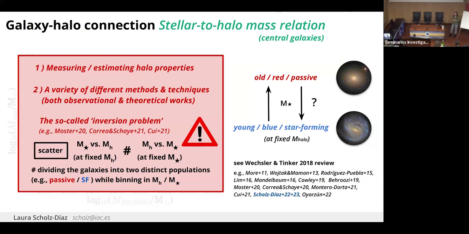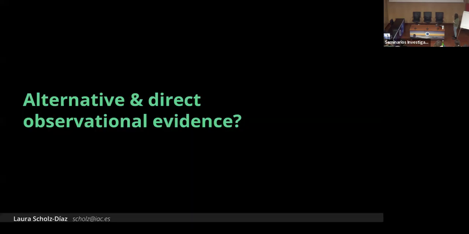And at the moment, there are no large galaxy samples with halo masses for individual galaxies, measured, for example, with galaxy rotation curves. So in our next work, we asked ourselves if we could do better and find an alternative and direct observational evidence of the role of dark matter halos influencing observed properties of galaxies.